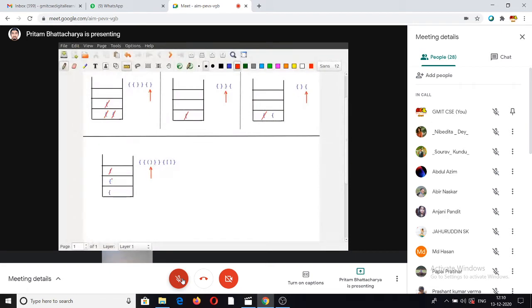Then here you find a closing parenthesis of second bracket, you go to the next position, again a closing brace, you pop it, and at this point the stack has emptied out.